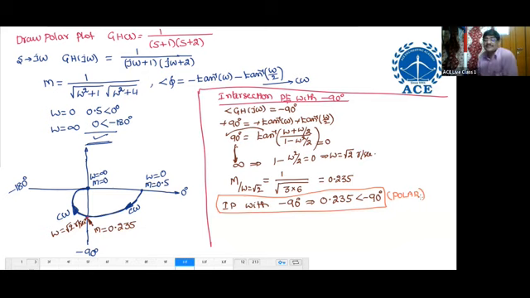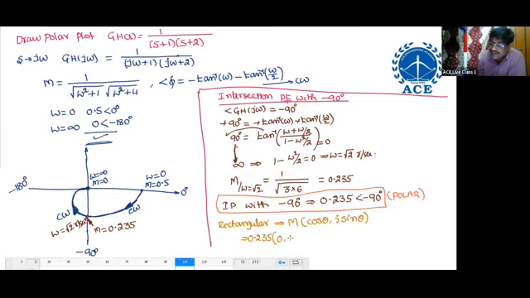They may ask in rectangular form. How to convert into rectangular? Magnitude into cos theta plus j sin theta. 0.235 cos of minus 90 becomes 0.